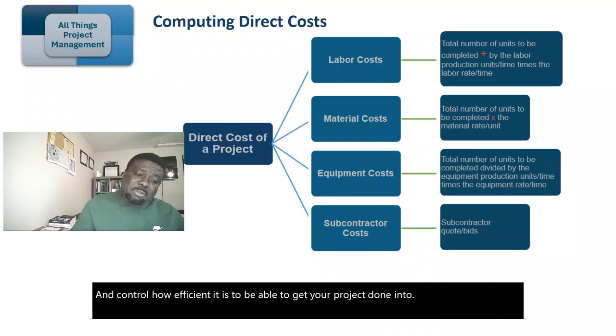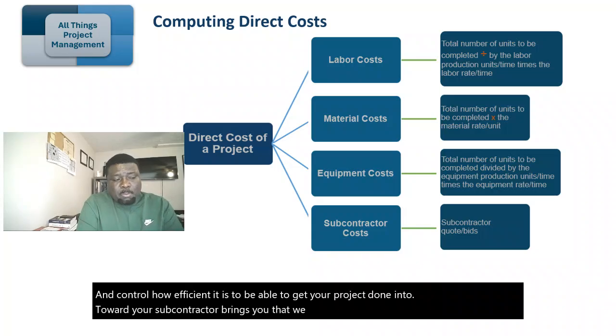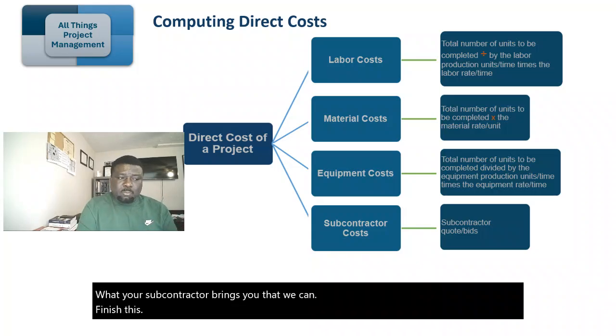And then the subcontractor cost is all about what your subcontractor brings you, saying we can finish this work for you for $20, $50,000, $1 million.